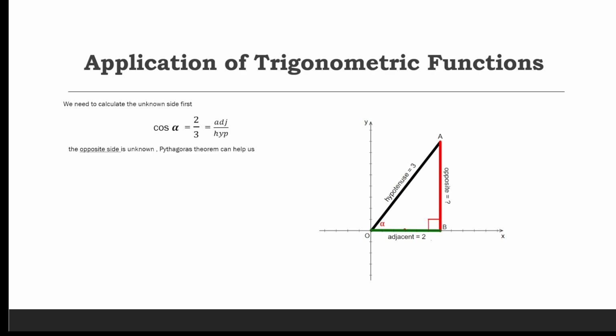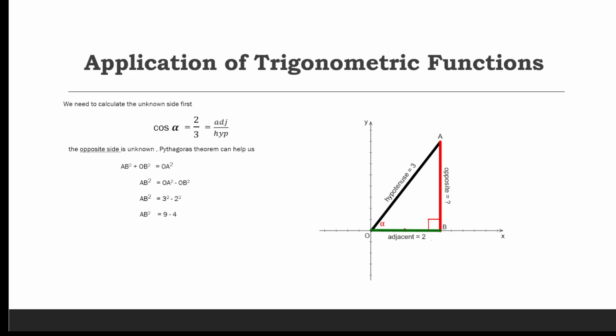You can use Pythagoras to determine the value. Applying Pythagoras theorem, AB squared plus OB squared is equal to OA squared. Then we make the opposite side, which is AB, the subject of the formula, where now AB squared becomes 3 squared minus 2 squared.